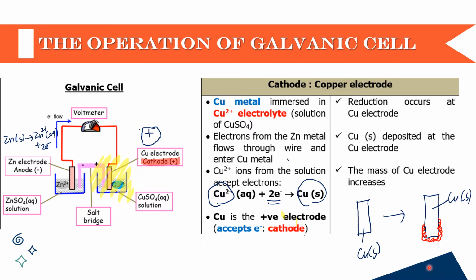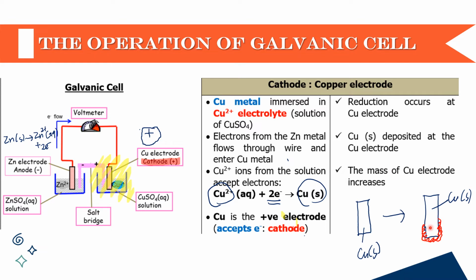What happened to the copper electrode is vice versa to what happened to the zinc. On the zinc, the mass decreases, because the zinc metal is used to form electrons. But on the copper electrode, copper is produced.